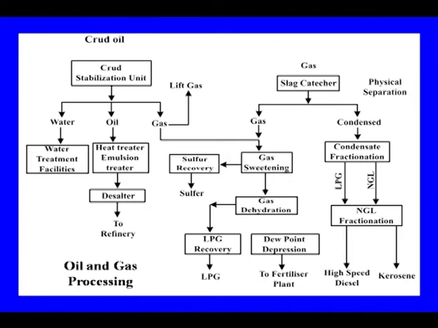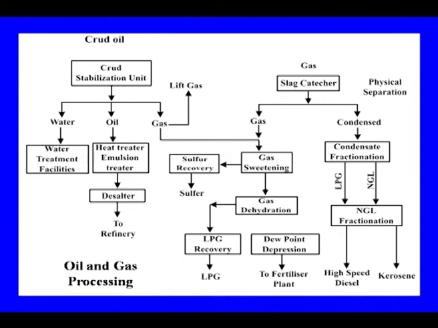Condensate is the heavier fraction of natural gas, and because of the huge amount of natural gas we are processing, a lot of condensate is available, and fractionation of the condensate will yield some important aromatics that are present in it.